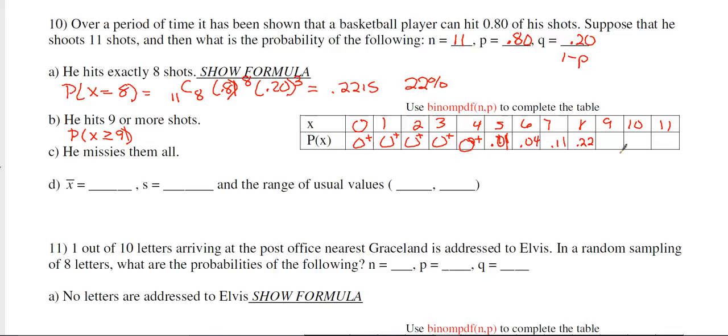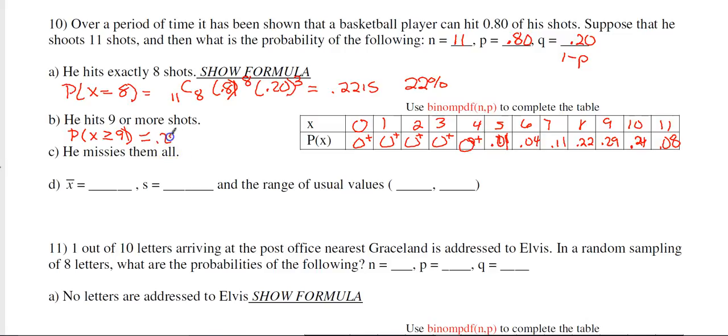Alright, so this is 0.08, this is 0.24, and 9 is 0.29, 0.22, 0.11, 0.04. Yep. Okay, so 9 or more, that means we have to add up these three.